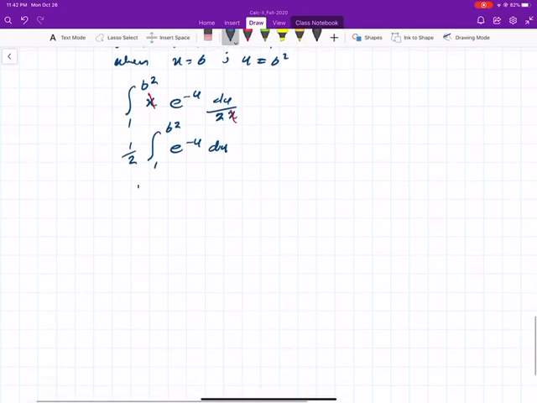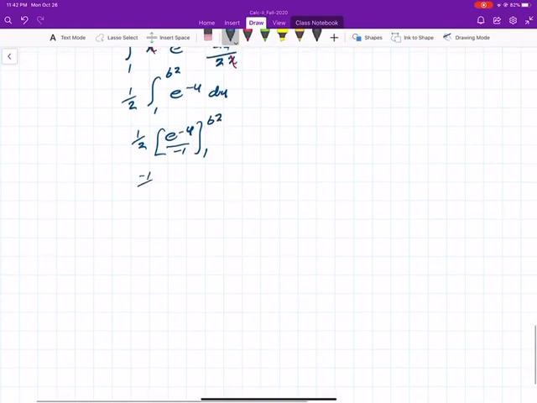The integration of that is half e to the power negative u divided by negative 1, with u from 1 to b square. Apply the upper limit: e to the power negative b square. Apply the lower limit: that is 1 over e.